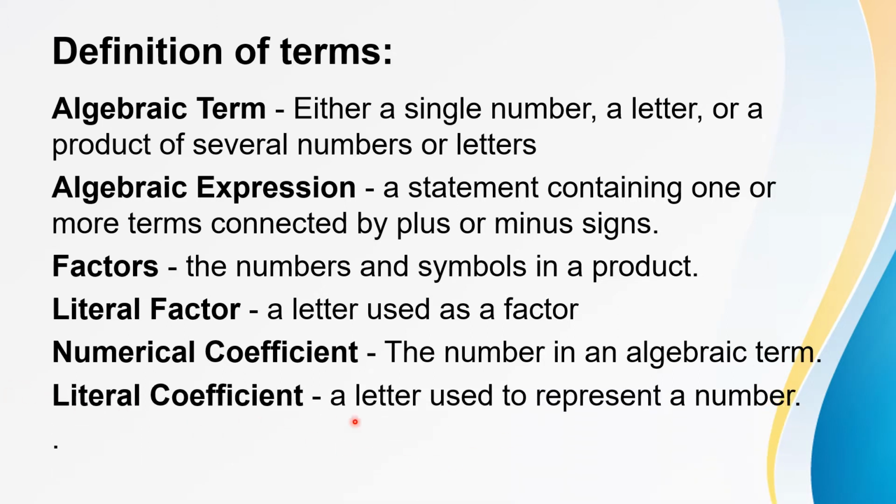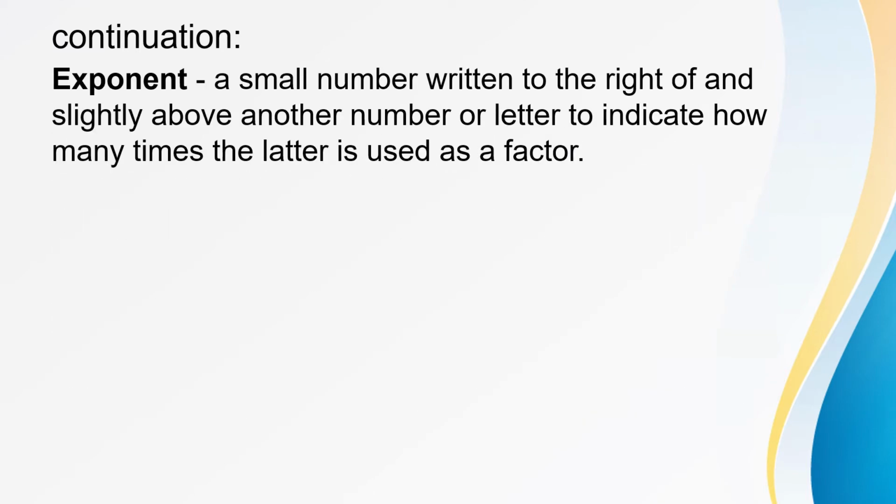Literal coefficient. A letter used to represent a number. Exponent, a small number written to the right of and slightly above another number or letter to indicate how many times the latter is used as a factor.